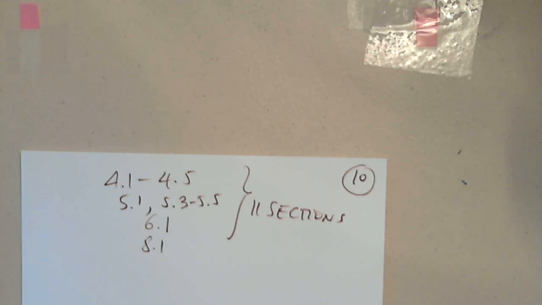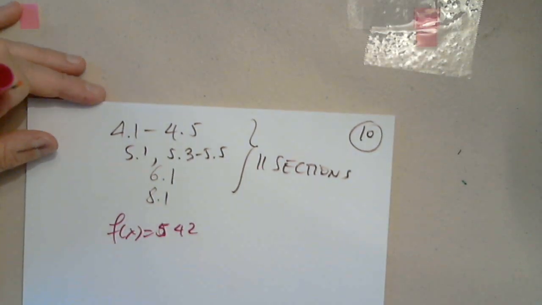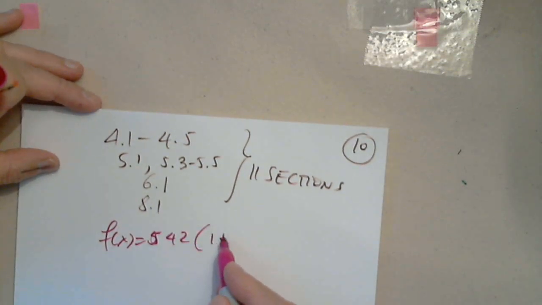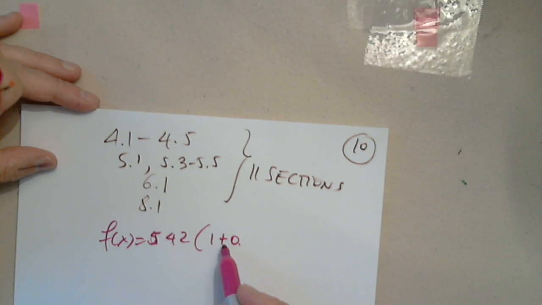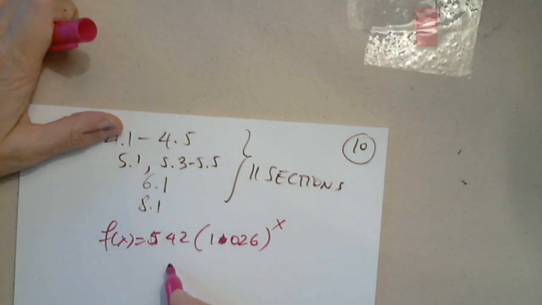What does it say? Hold on, let me try and bring it up. It says the exponential function f of x equals 542, in parentheses, 1.026 raised to x models the population of a country, f of x, in millions, x years after 1970.